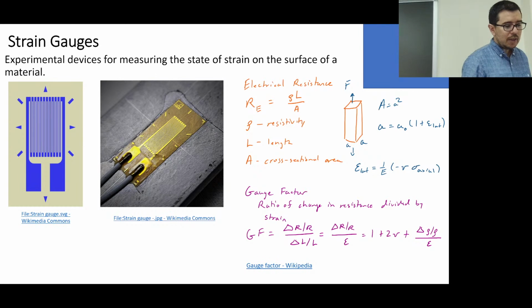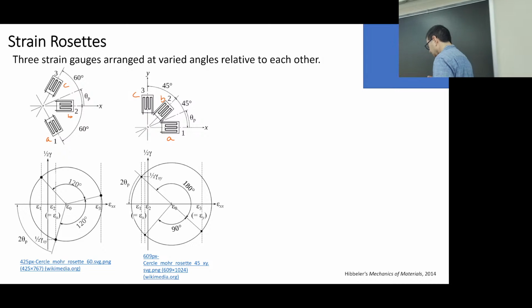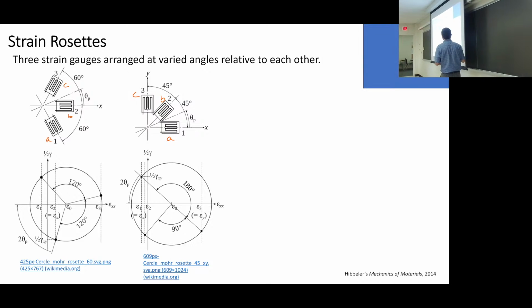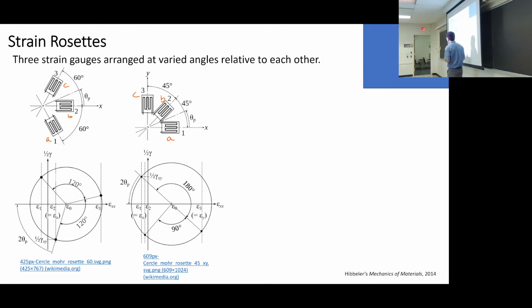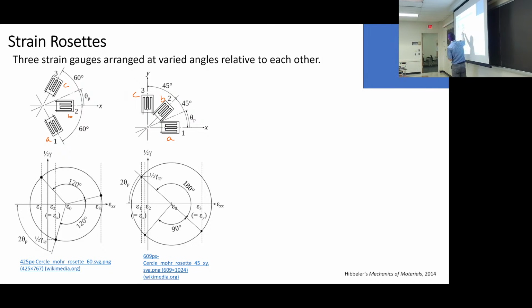So if you want to capture the state of strain in a plane, what do you do? You orient these strain gauges in different directions. So the one gauge here is going to be telling you the strain in the x direction.